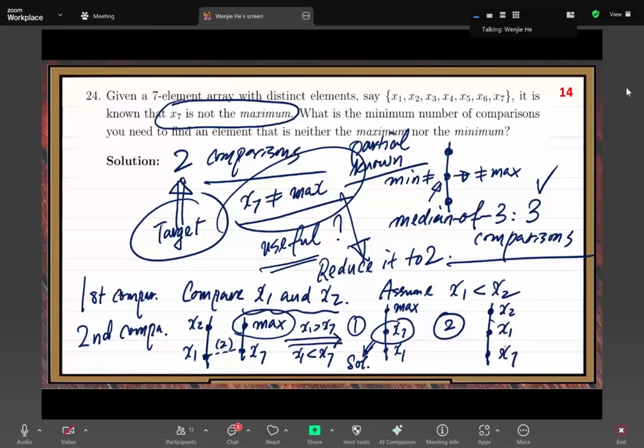Then x1 is a solution, because it is in the middle of x2 and x7. So in both cases, you only need 2 comparisons to find a solution. So you get the best answer.